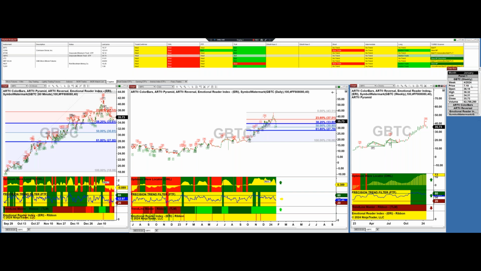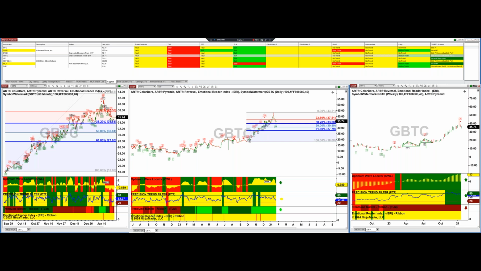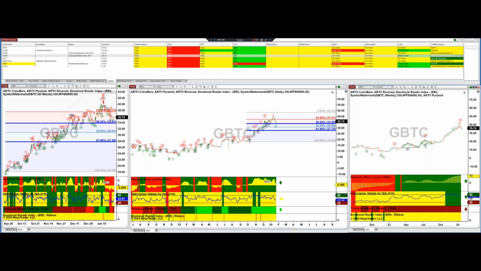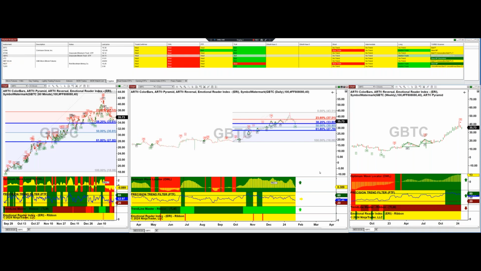That's all I'm going to cover today because I don't want to overcomplicate or confuse things. But let me move that down a little bit. But that's how you can go into a market using these tools and maintain your risk control.